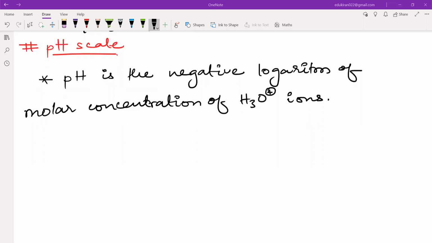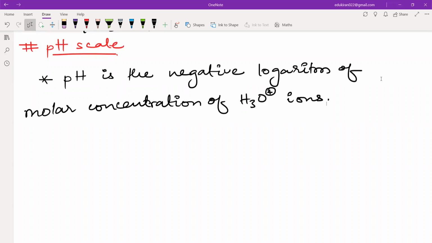The P word in German, I think, is potence, and in Danish something like potent. In French also, it has some word which is P. All of them mean power or potential.